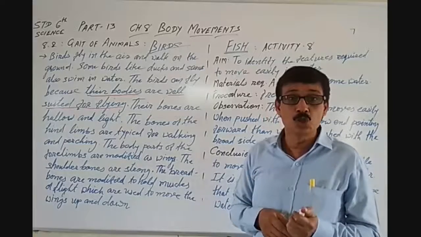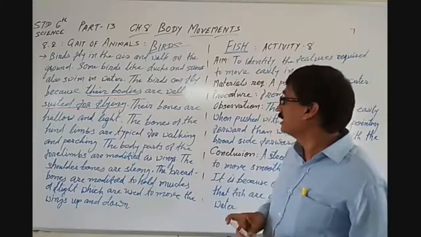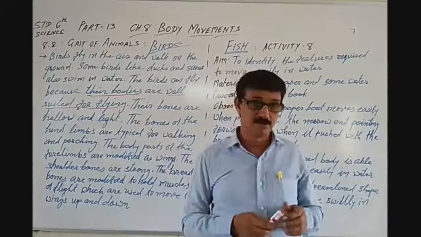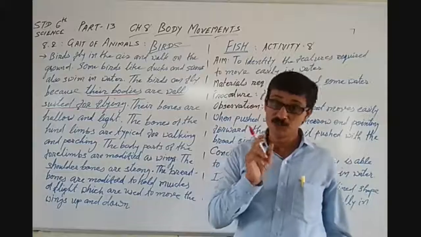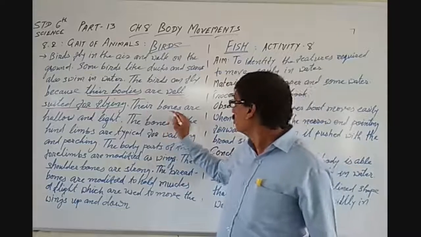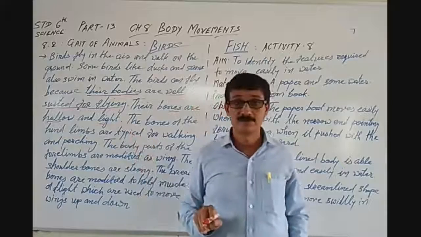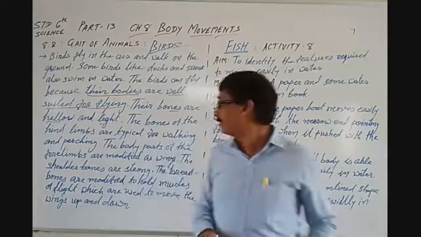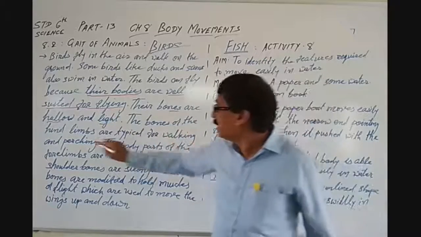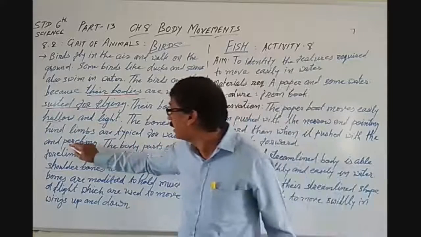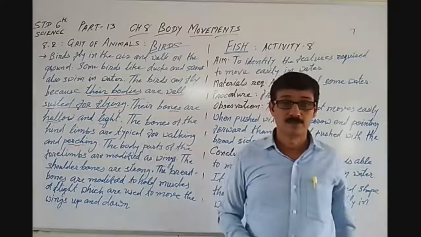But how is it so? For that, let's see. First one is that their bones are hollow and light. Okay. दूसरी बात, the bones of the hind limbs are typical for walking and perching.